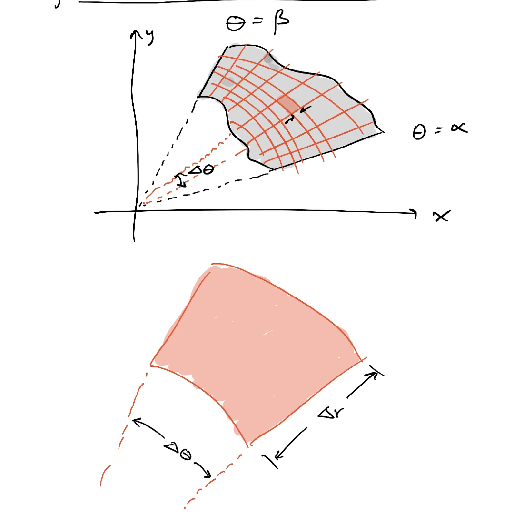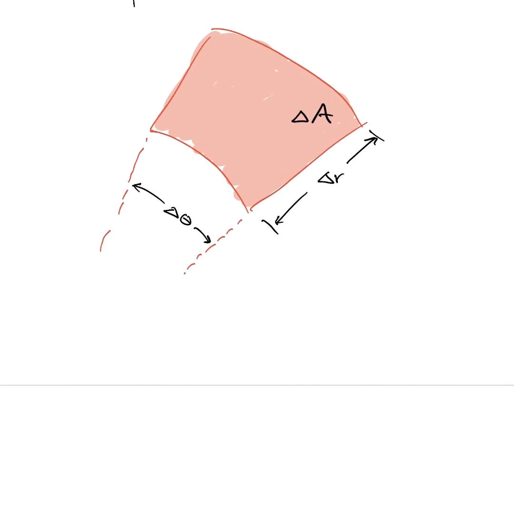And we're interested then in what's the tiny change in area. What is this area contribution delta A? Now, the beauty of this is you guys have studied polar coordinates in Calc 3.